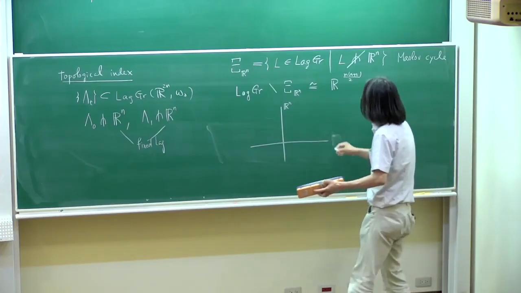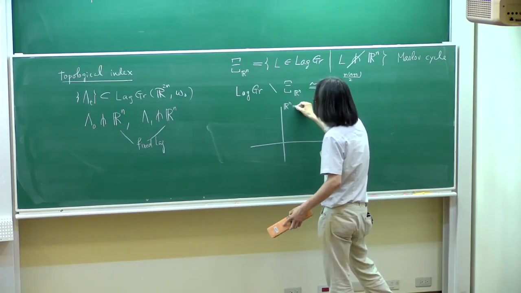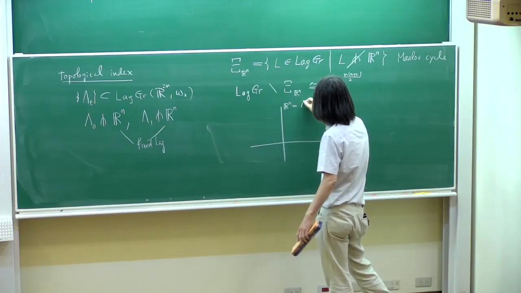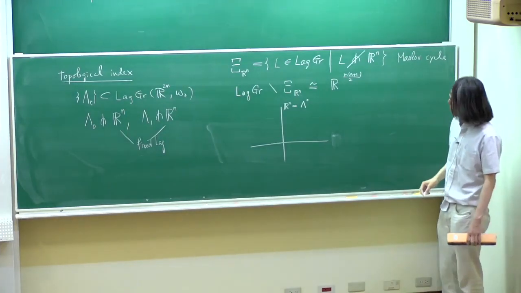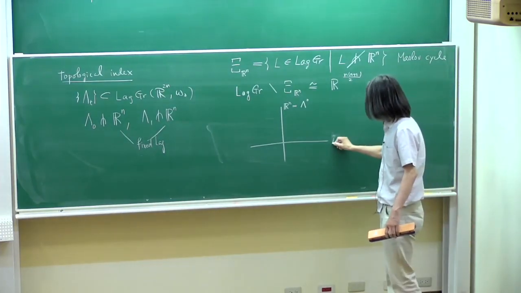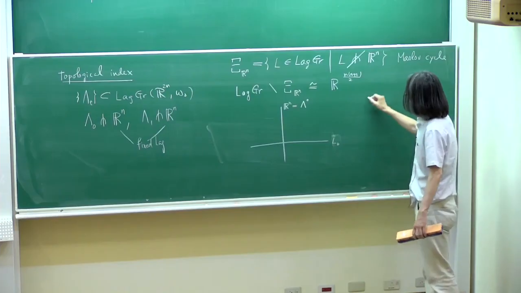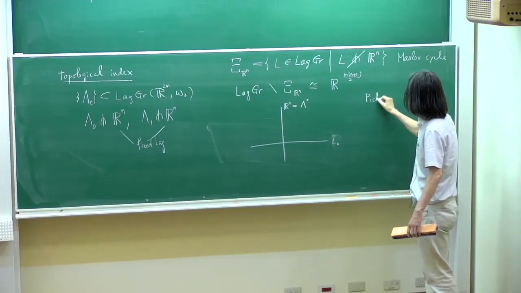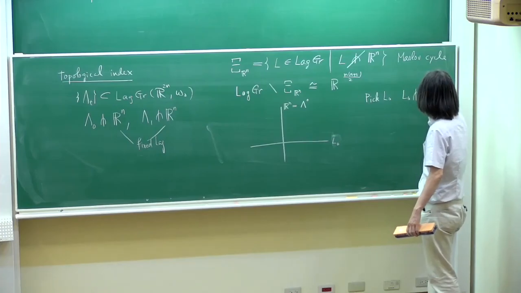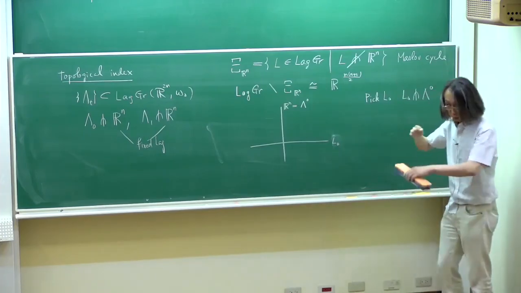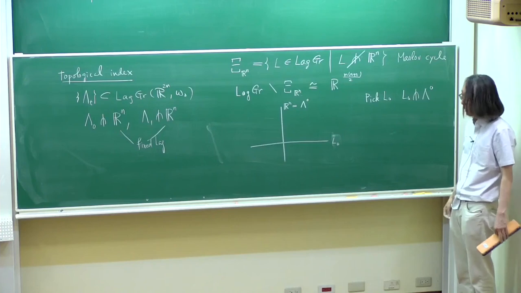So maybe this one I may denote by, say, lambda 0, upper 0. And then pick L0 so that L0 is transversal to this lambda 0. Okay, so this is the transversal. We can always find such a thing.